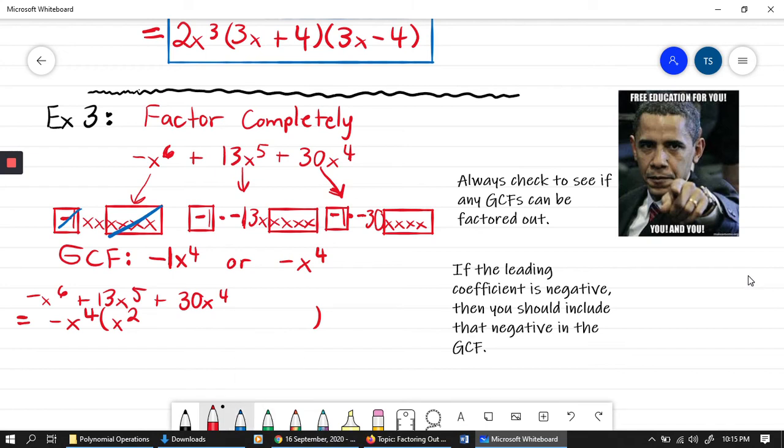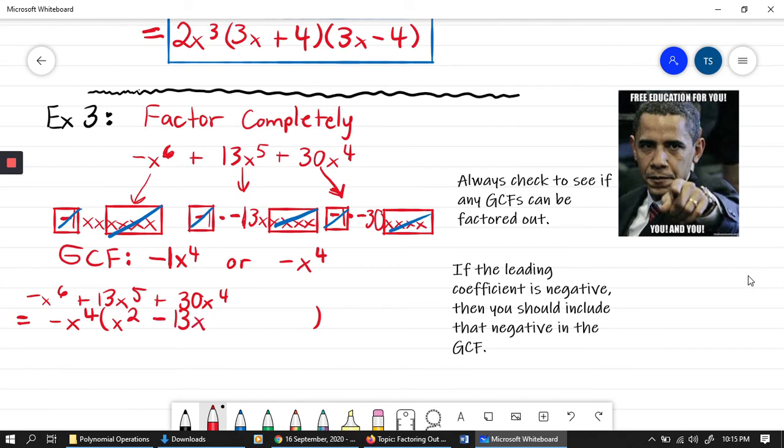When we take out these other x's, let's see. Okay, we wind up having 1x left over from the second term, and we also have a -13 left over from that second term. So -13, and again we have 1x that's left over.